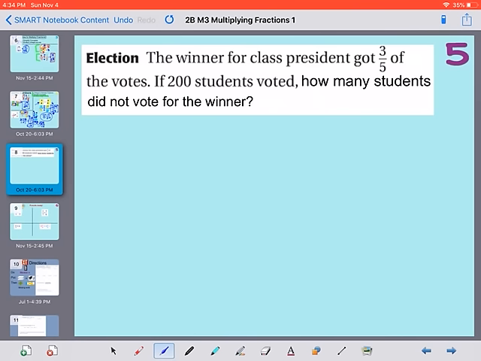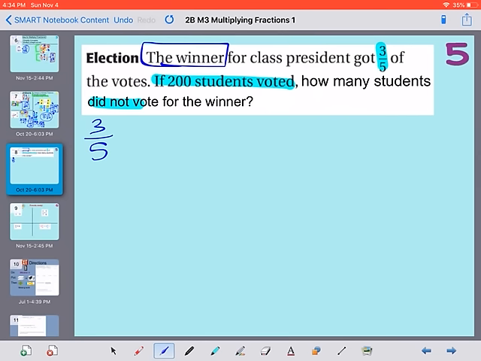All right, we have a couple questions left. Here is an election question. It says, if the winner for class president got 3/5 of the votes, if 200 students voted, how many students did not vote for the winner? So first, we know how many did vote, 3/5 for the winner.